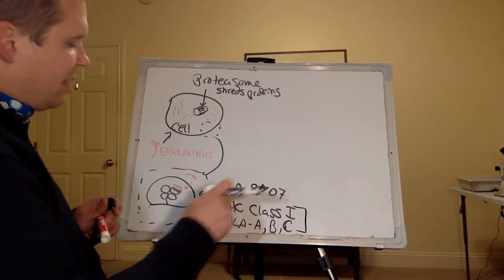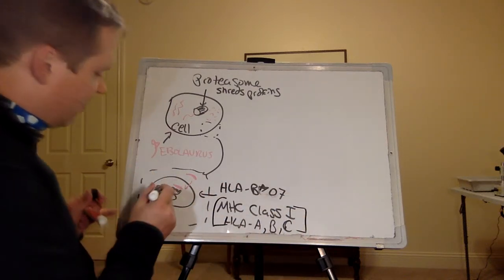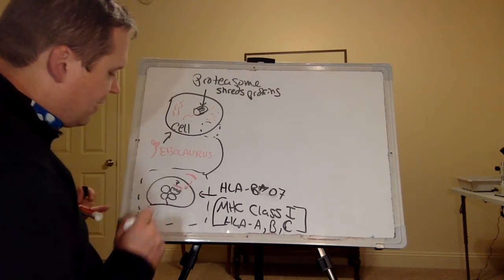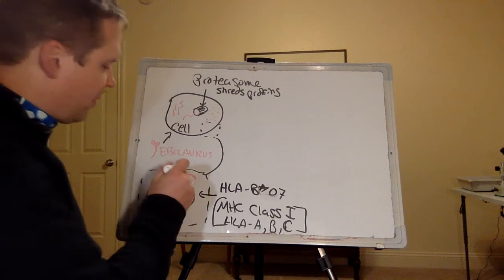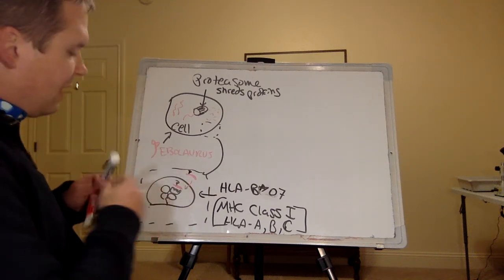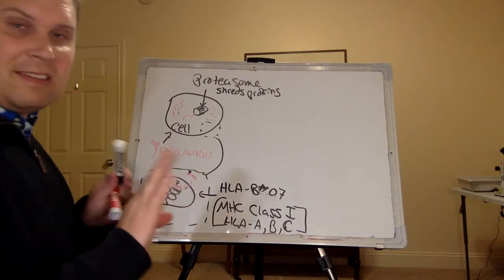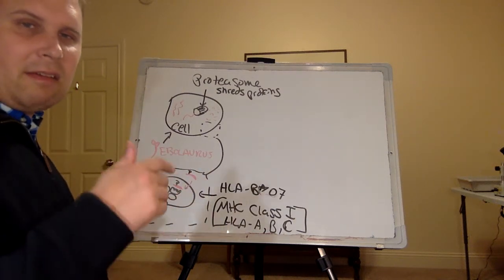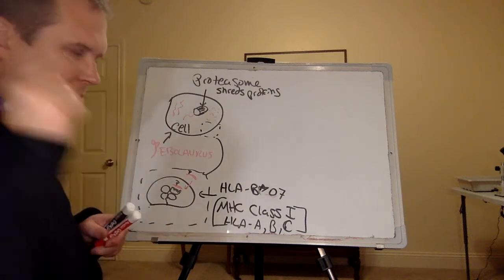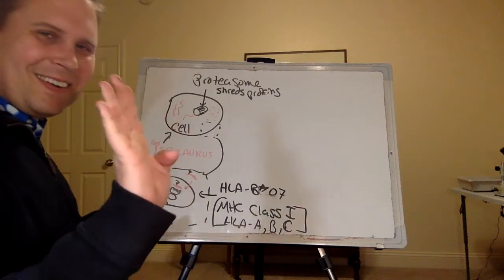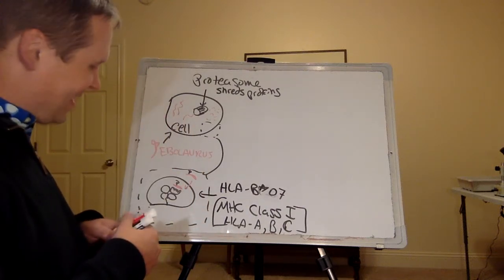So if it is HLA B7, then what it's looking for is the second amino acid here. And if the second amino acid is P for proline, that's how we abbreviate that, then it can bind. And if the second amino acid is anything else, then your HLA B7 is going to say, no, don't want it. Bring me something with proline on the second amino acid, or I don't want it. I don't want to know about it.